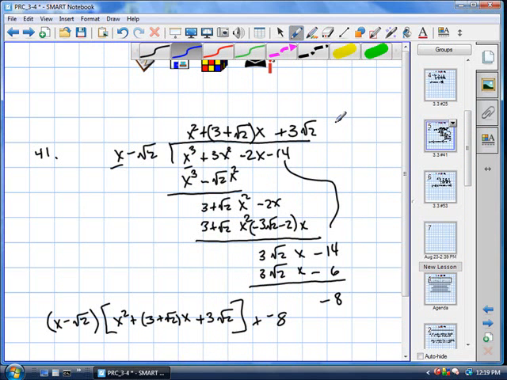Okay, 41, here's what happened when I divided it out. I got an answer, but it did not come out even, and it had a remainder. Now, how can I write this in the format they wanted? All they're saying is to write out the check to your problem. So take the divisor, multiply it by your quotient, and just add on the remainder.